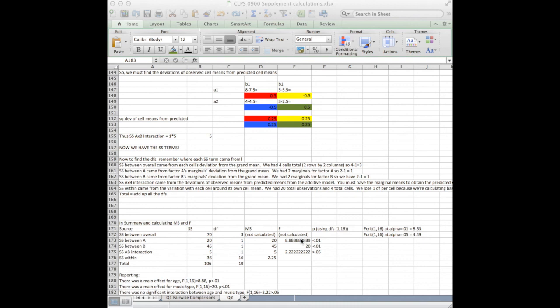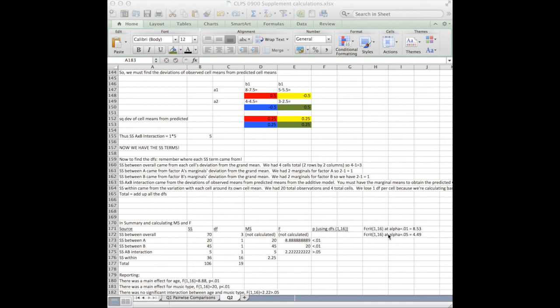So these will give you your F observed values, and then you have to look at the F criticals in your table. So I looked them up for you, and I found that F critical with 1 degree of freedom in the numerator and 16 in the denominator at alpha equals 0.05 is 4.49. And then for alpha at 0.01, F critical is 8.53.